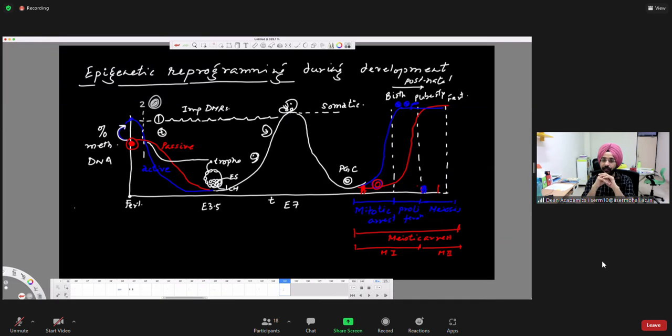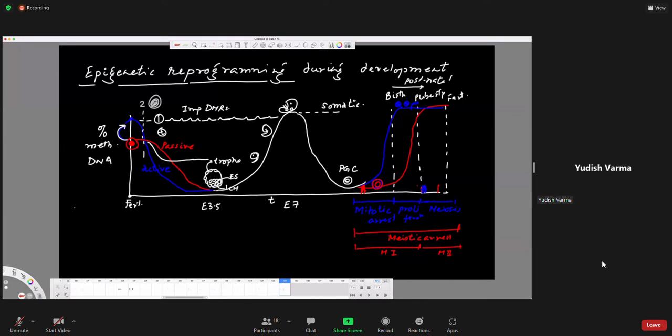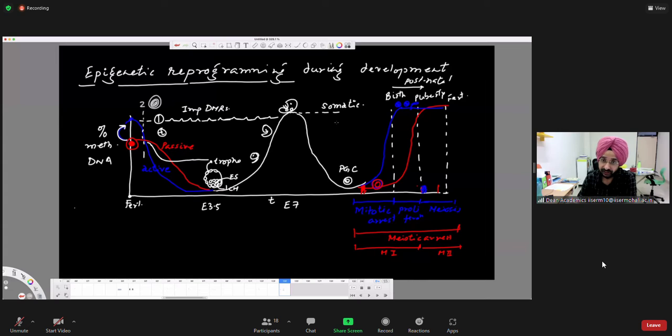Let us say for some reason they are not kept silent and by some errors they open up. Is there any mechanism to silence them? Does that mechanism exist in germline? piRNAs? So piRNA is expressed in germline specifically, and they are meant to repress the erroneously expressed retrotransposons.